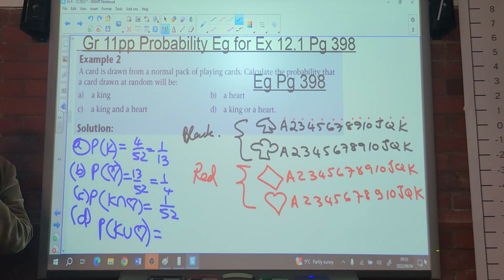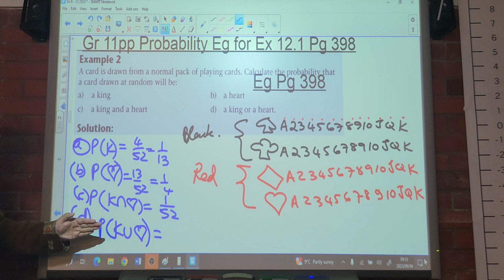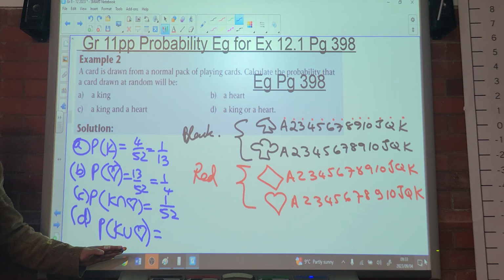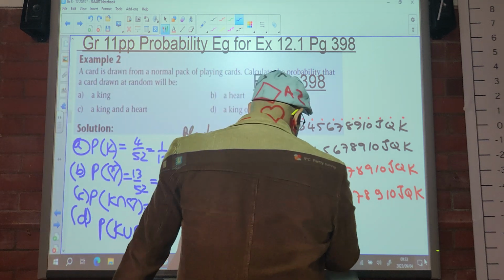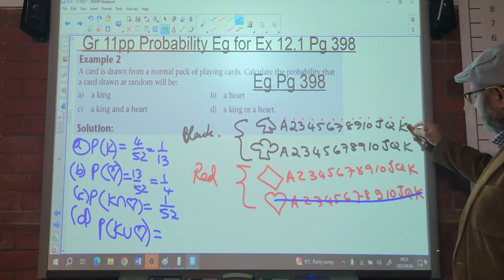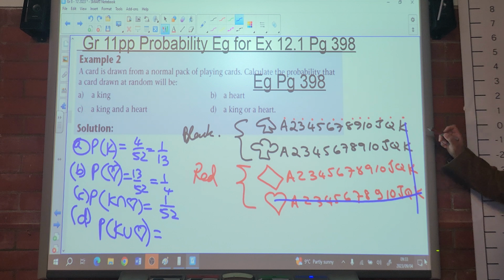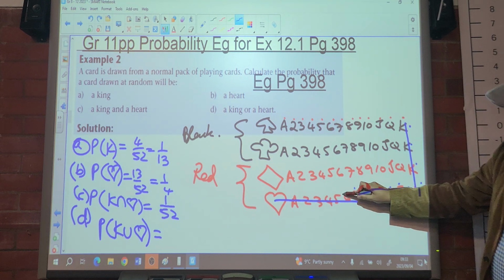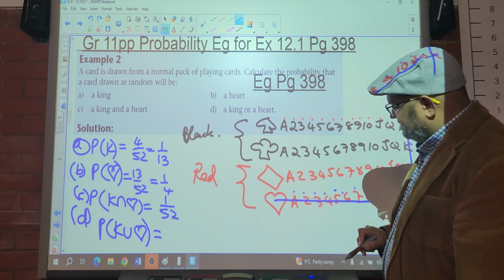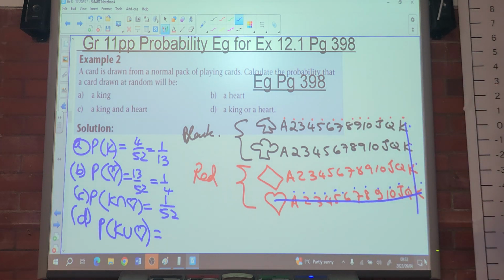So this would use the... are all these mutually exclusive? No. Why? Because something can be a heart and can be a king. So if you count here, we have 1, 2, 3, 4, 5, 6, 7, 8, 9, 10, 11, 12, 13, 14, 15, 16. So in other words, there's going to be 16 here.